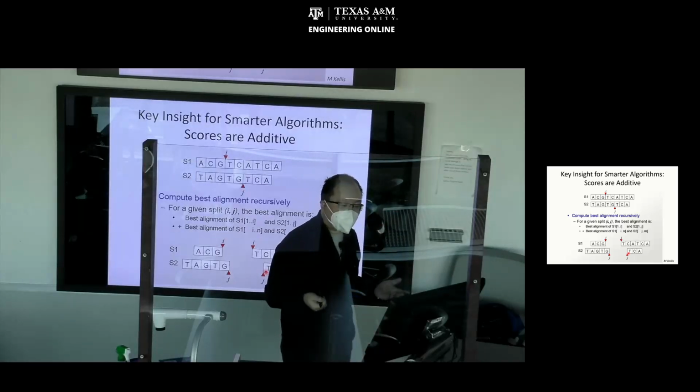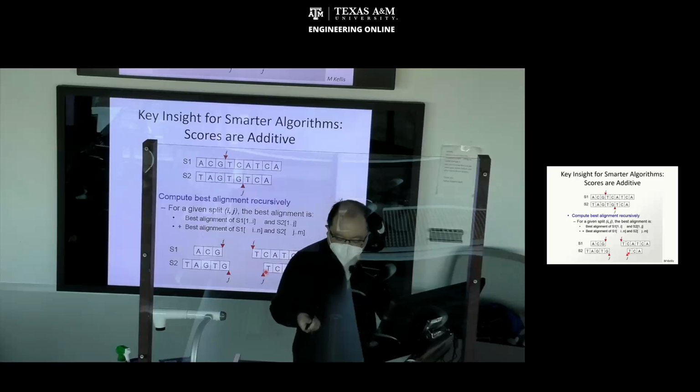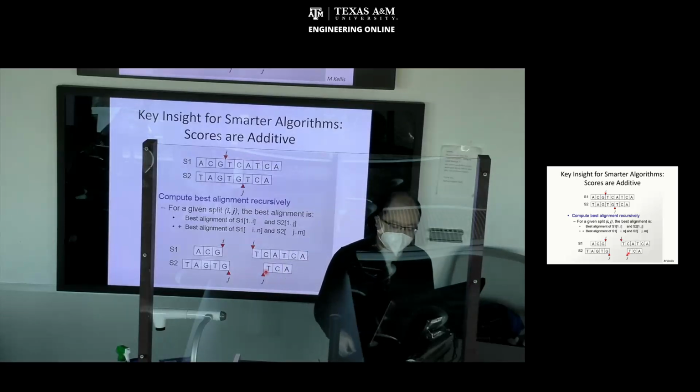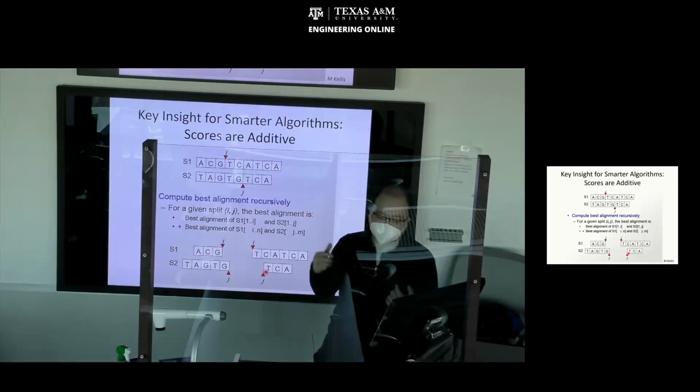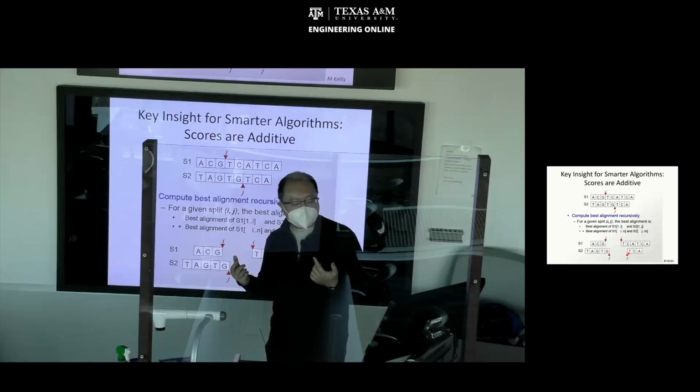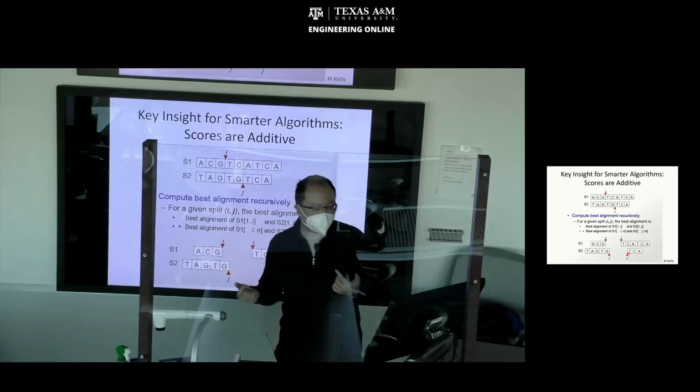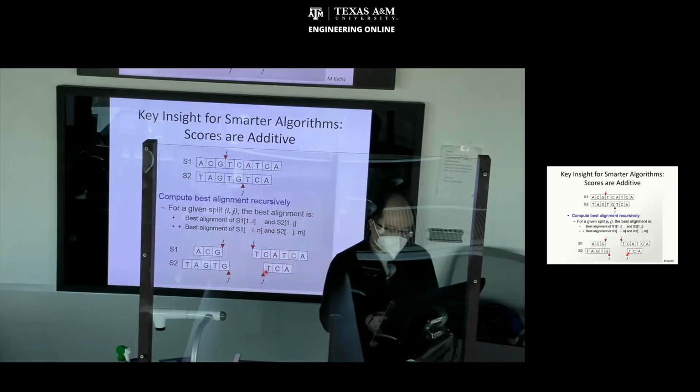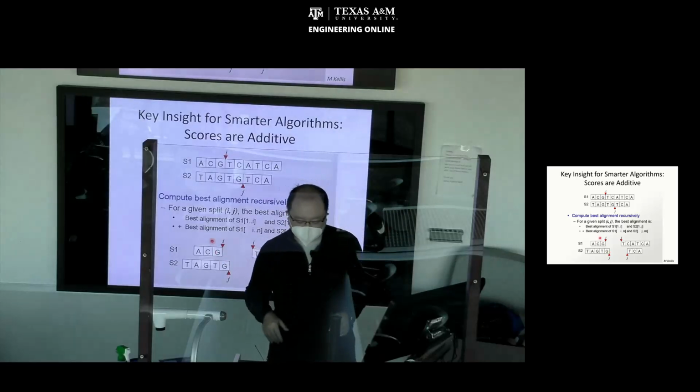So that's one thing to keep in mind. That also tells you that, oh, I can actually compute the best alignment recursively, right? Because I can consider, for instance, finding the best alignment of the first prefix, if I know where to split, right? So that's one thing to keep in mind.